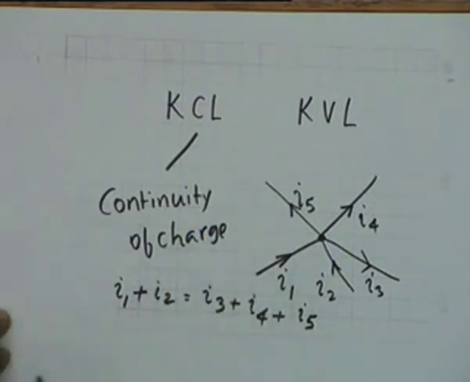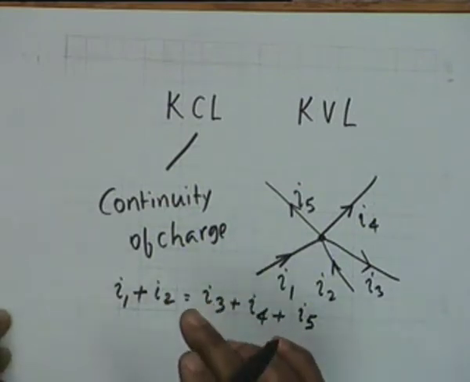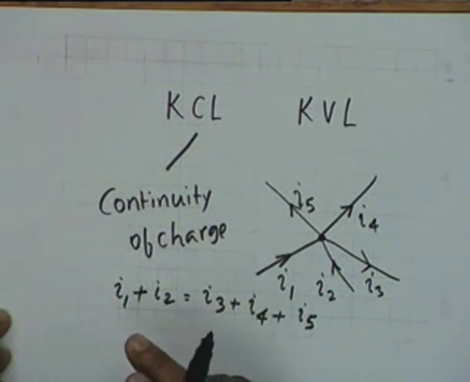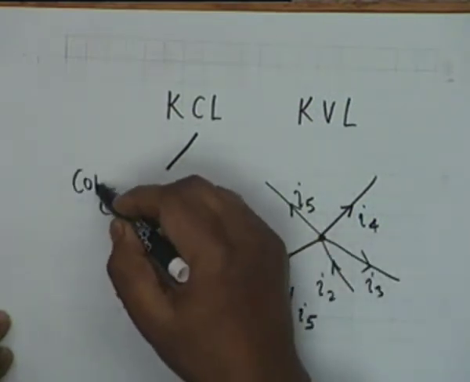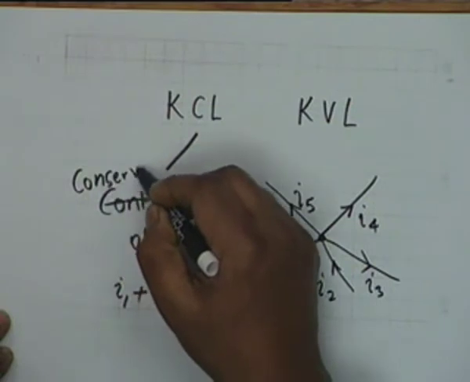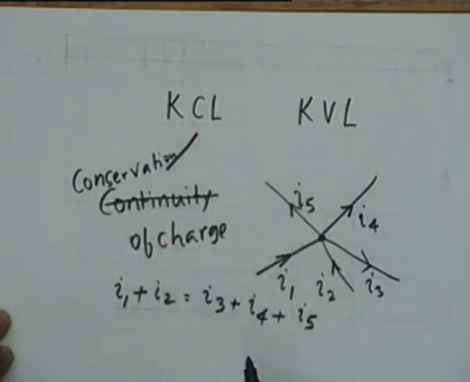Continuity of charge is a correct expression, but continuity of energy is not a grammatically sweet expression. It is better to say conservation, or you use both. KCL is an expression for conservation of charge, KVL is an expression for conservation of energy.